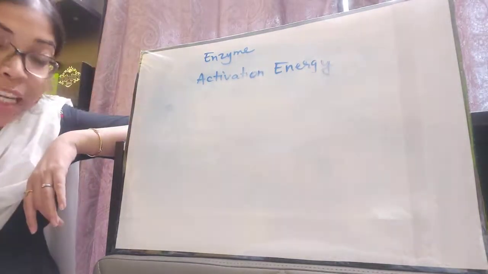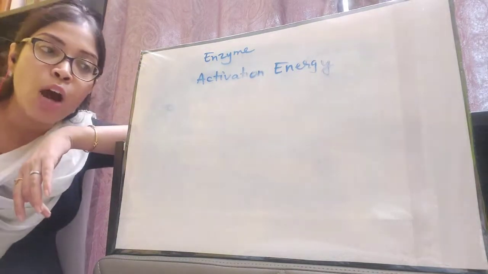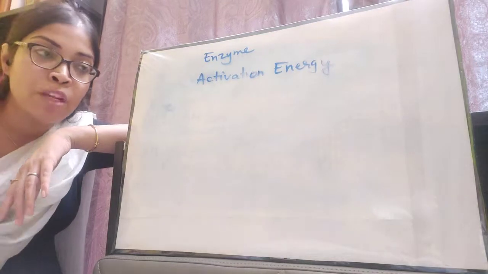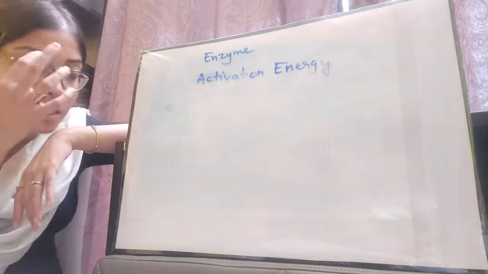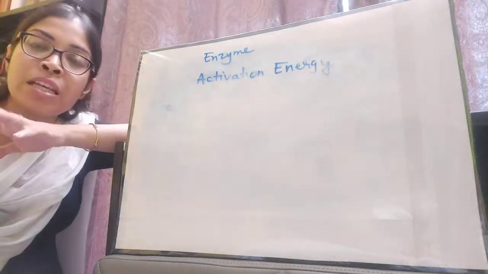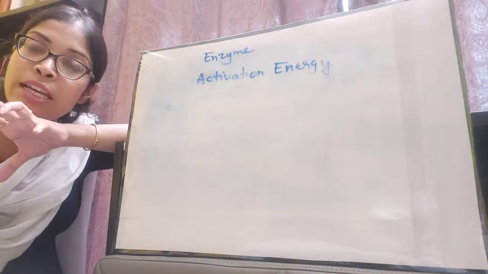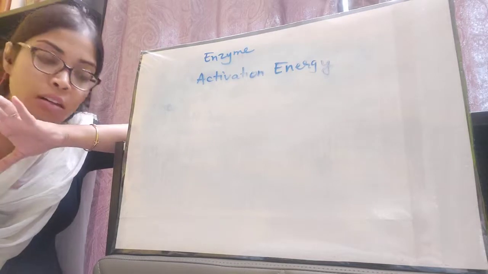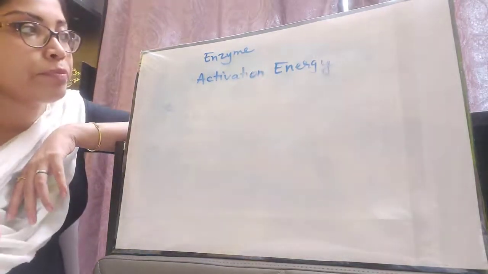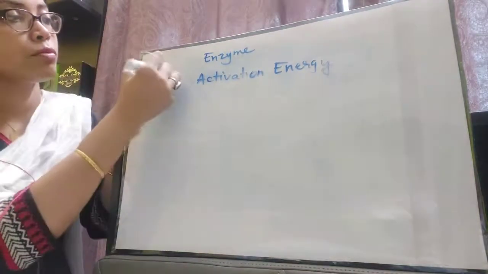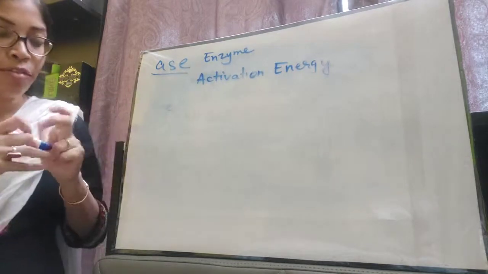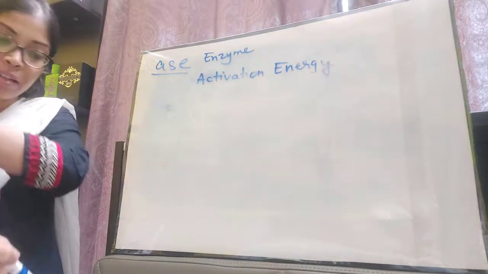I hope the definition of enzyme is clear to you all. Next we come to the naming of enzymes. How do we name the enzymes? You will find one thing very common: the names of all enzymes end with ase, A-S-E. This is the ending of all the enzymes.